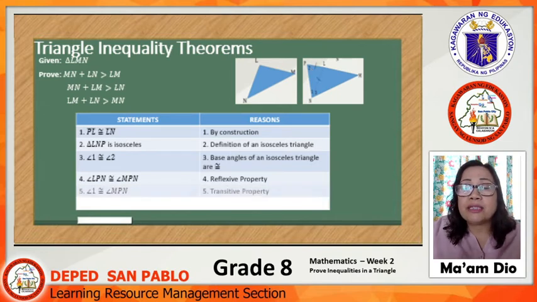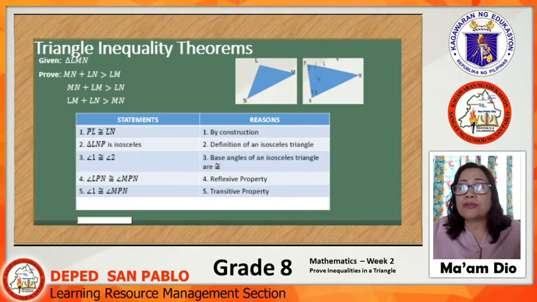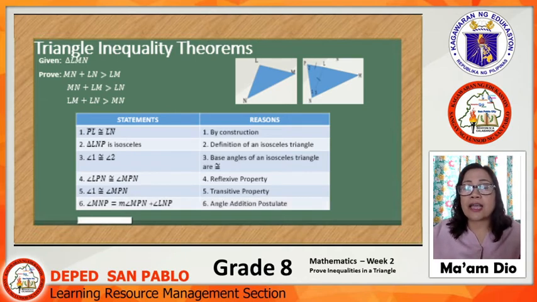Let's proceed to statement number 5. Therefore, angle 1 is congruent to angle MPN by the transitive property of equality. Statement number 6 states that the measure of angle MNP is equal to the measure of angle MPN plus the measure of angle LNP, by the angle addition postulate.